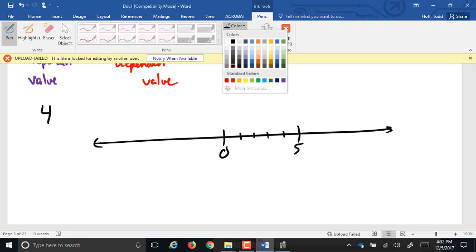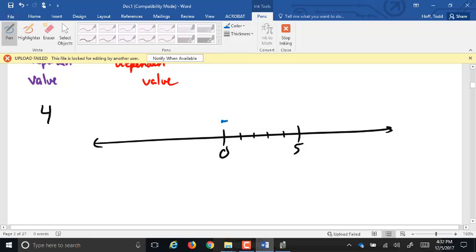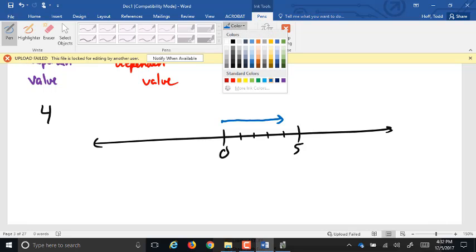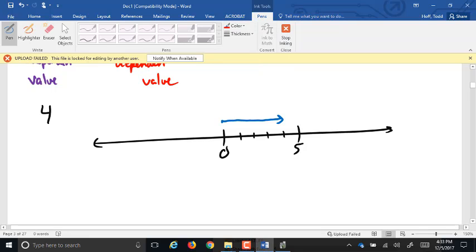One way that we did when we were dealing with integers and operations with integers is we used a vector. The vector for 4 looks like that. It's an arrow that starts at 0 and goes to 4. That's how we'd represent it if we wanted to be able to work with it. That's a working representation. It's useful. If we just want to represent the value itself and not use it for operations or anything else, we might just put a dot at 4.